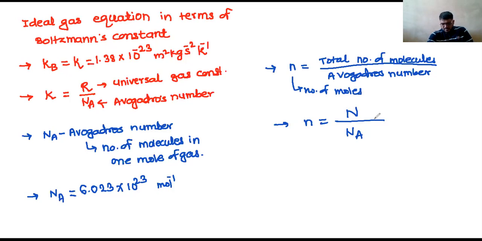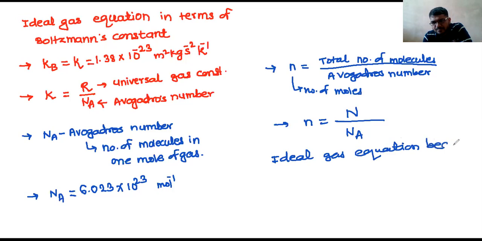Now here, if I replace, the ideal gas equation becomes like this. We have PV is equal to nRT, so this will change because I am going to replace the number of moles with N by Na.